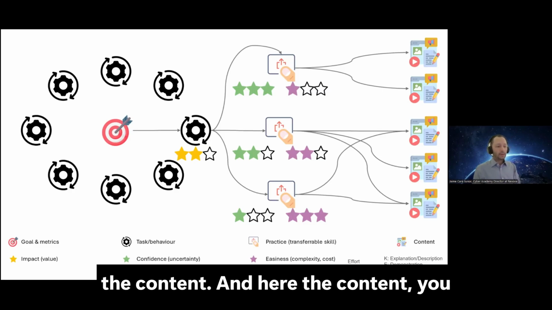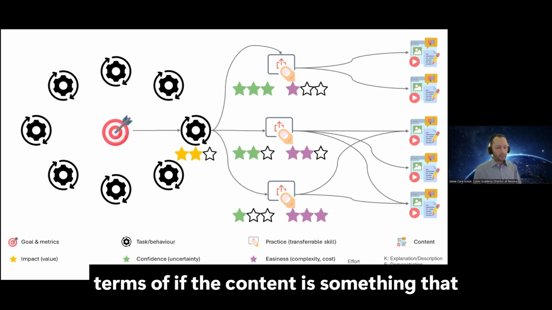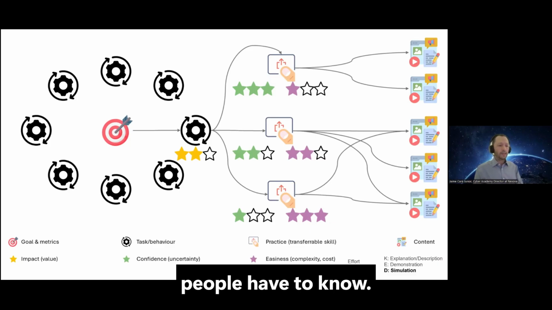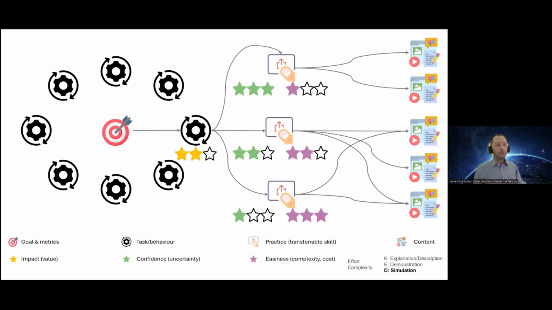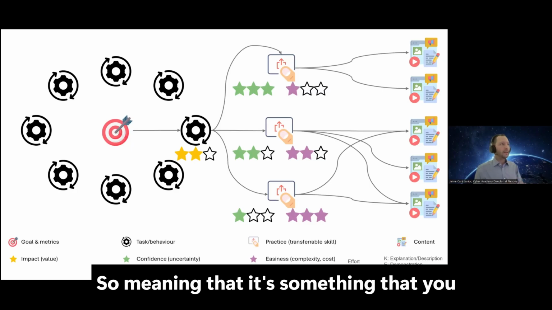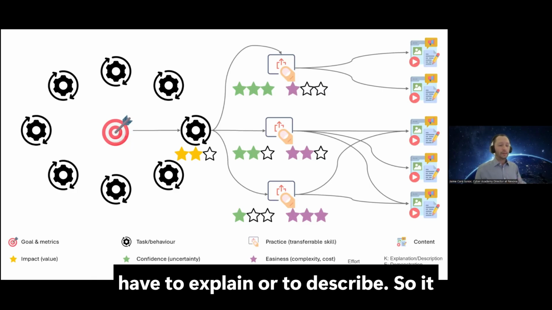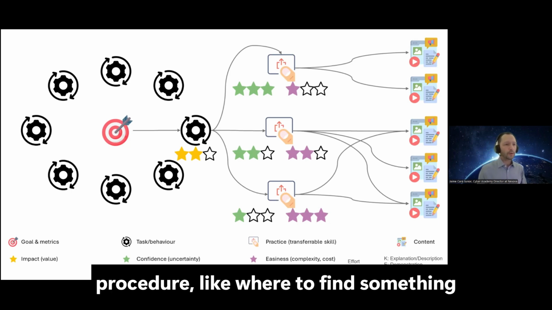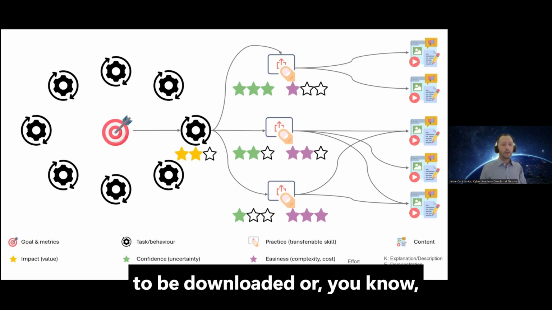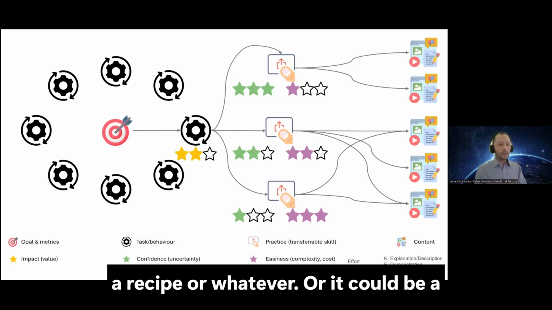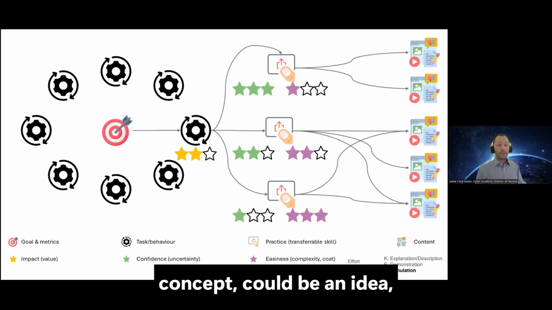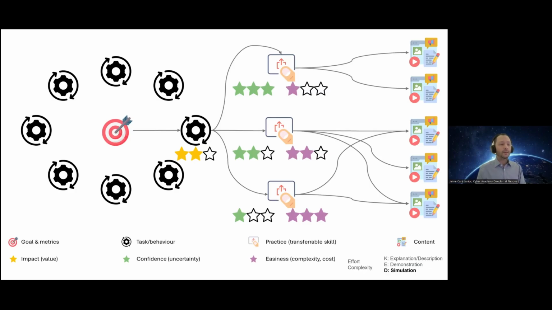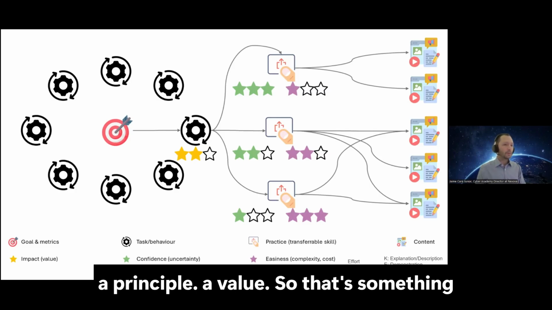And here, you should also think about the content in terms of whether it is something people have to know, meaning something you have to explain or describe. It could be a very simple procedure, like where to find something to download, or a recipe, or it could be a concept, an idea, a principle, a value.